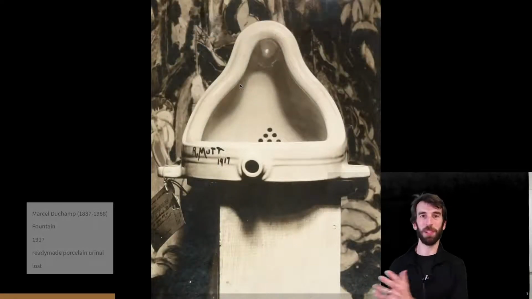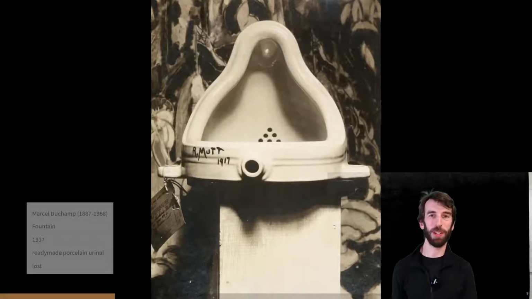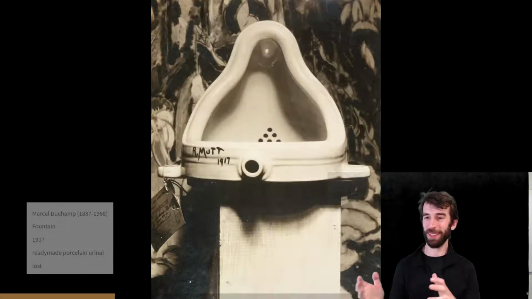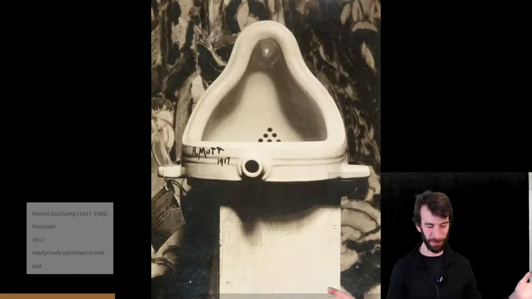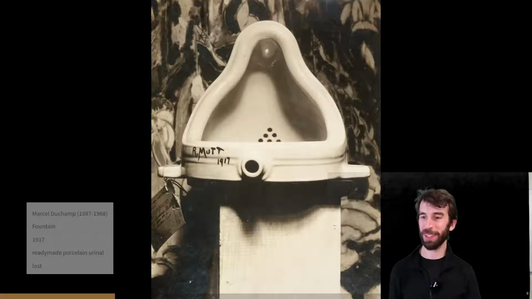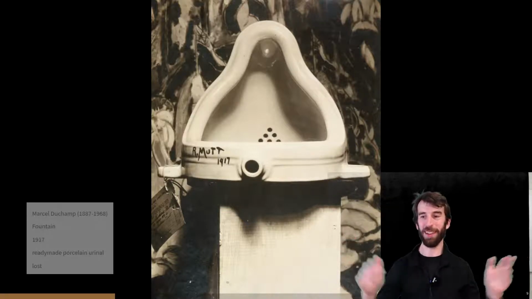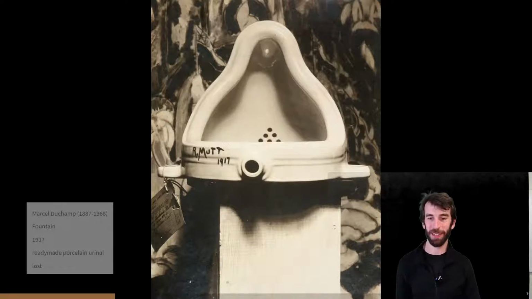This is perhaps the most famous work which is attributed to Marcel Duchamp, or one of the most famous, called Fountain. And the concept was that an artist has taken this porcelain urinal, a piece of plumbing equipment, put it on its side on a pedestal and signed it with a name, Mutt, put a date on it, and now it's apparently an artwork, and it's called Fountain.